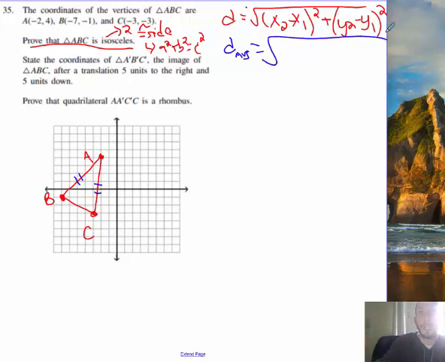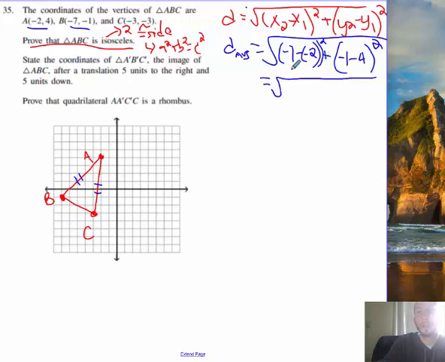So distance from A to B means that I'm going to do x2 minus x1, which is -7 minus -2, squared, plus y2 minus y1, -1 minus 4 squared.